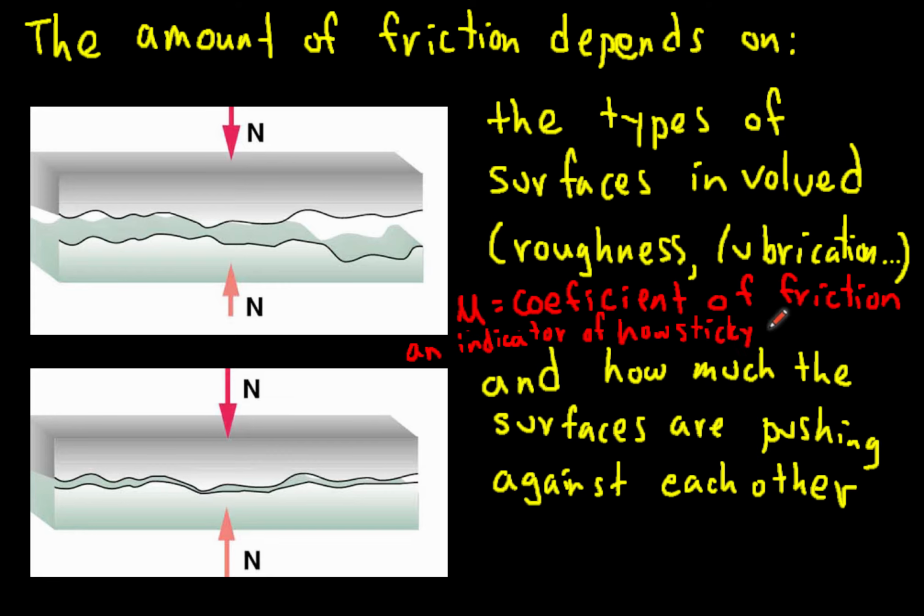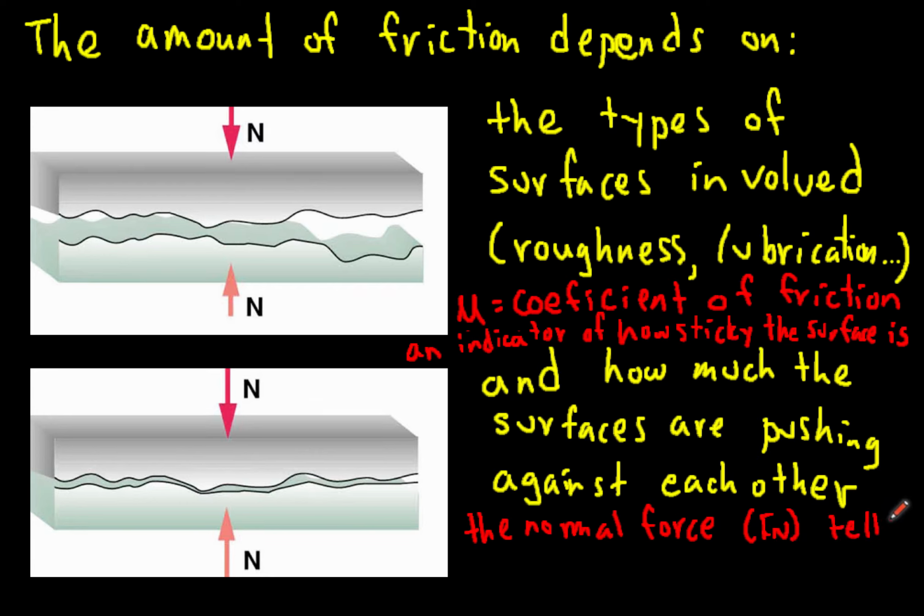For example, rubber would have a much higher coefficient of friction than ice. How much the surfaces are pushing against each other depends on the normal force. Remember, the normal force is the force of how much the surface pushes back on the object against gravity. So it's a very good indicator of how much the two surfaces are pushing together.